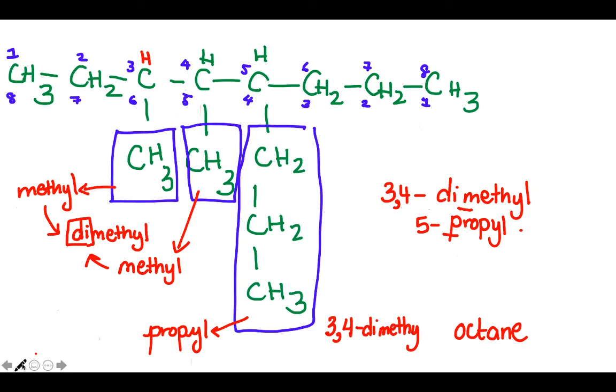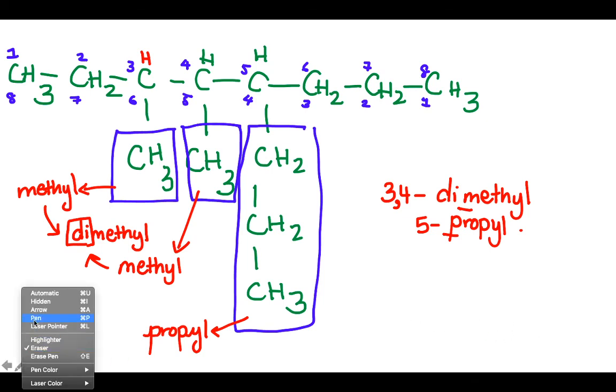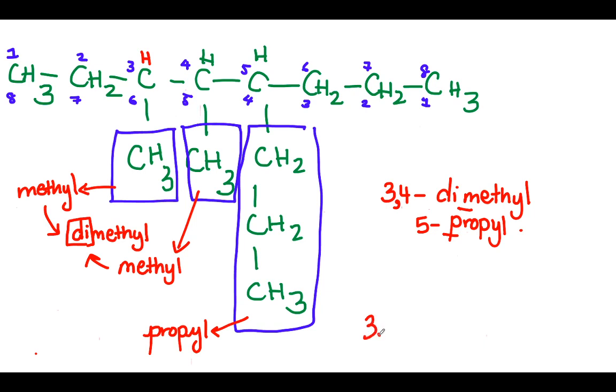Oh, I'm running out of space here. Let me just write that again. So 3,4-dimethyl. Right, so here's the thing that I said again. So I've got 3 and 4. Those are numbers. If I'm ever writing two different numbers together, I've got to have the comma separating them. If I have to write numbers right next to letters, I'm going to have the dash separating them, right?